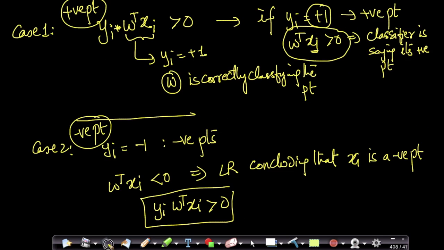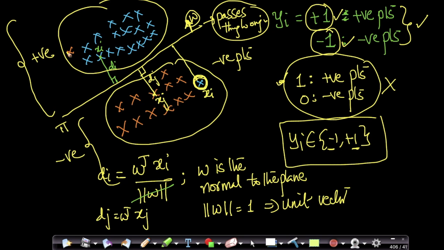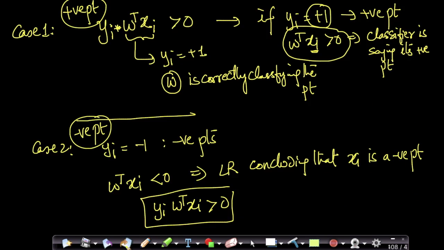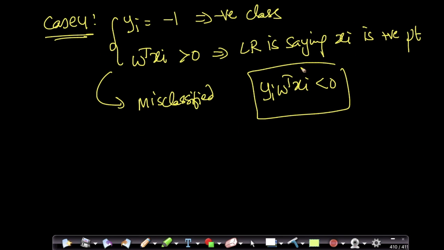Let's look at it geometrically. My plane says all the points on this side of the plane are positive, but this is actually a negative point. My yi is -1, but my logistic regression is saying that it's a positive point. In such a case, you also get misclassified points.